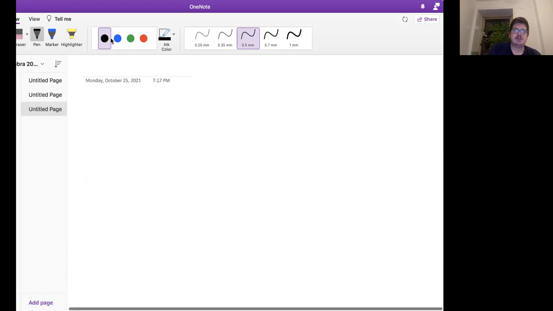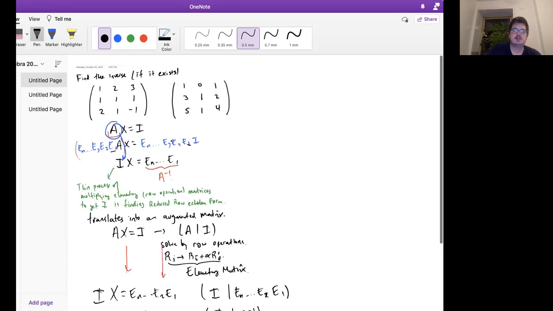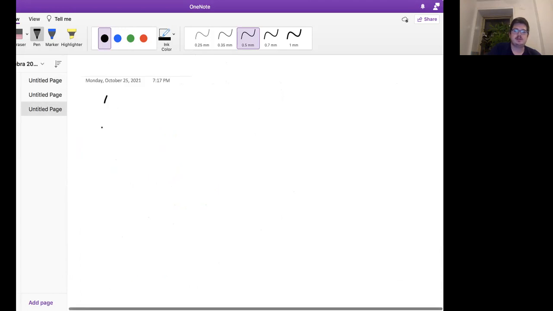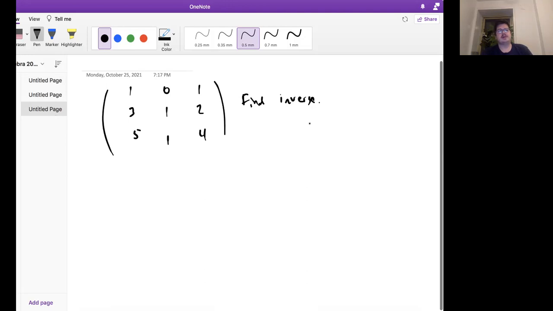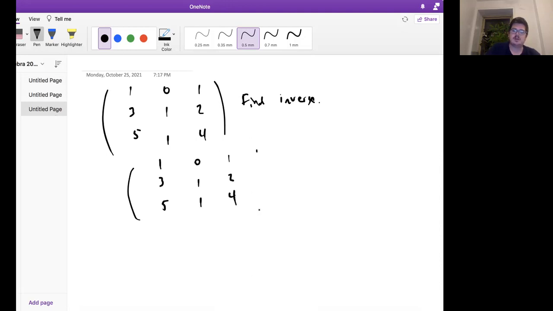Okay, so let's do the other one. This one here. 1, 3, 5, 0, 1, 1, 1, 2, 4. So let's find inverse. Okay, so let's do it. 1, 3, 5, 0, 1, 1, 1, 2, 4, 1, 0, 0, 0, 1, 0, 0, 0, 1.